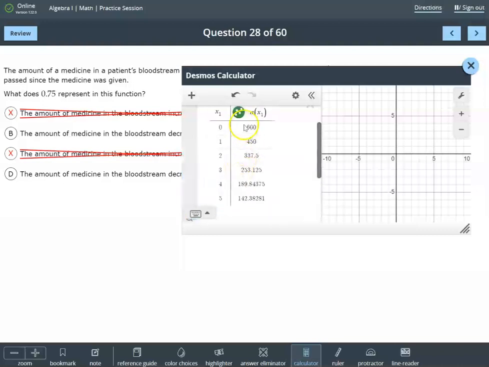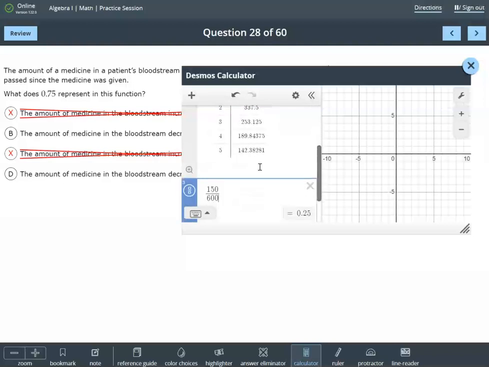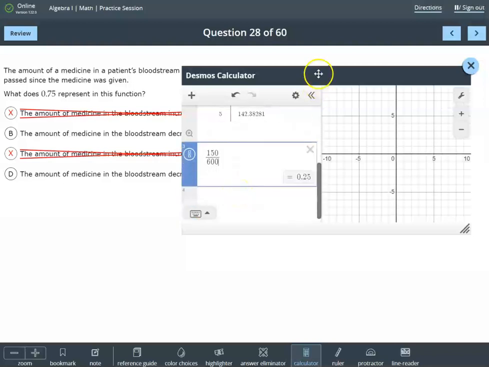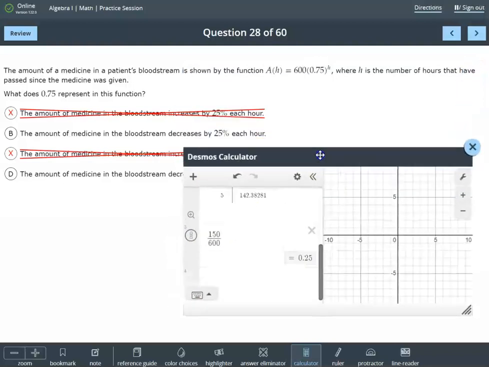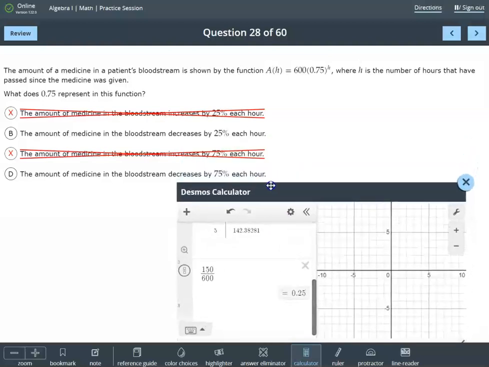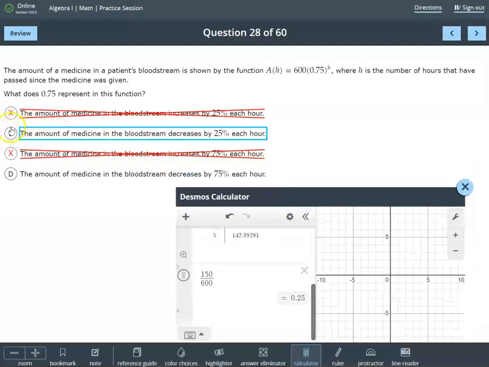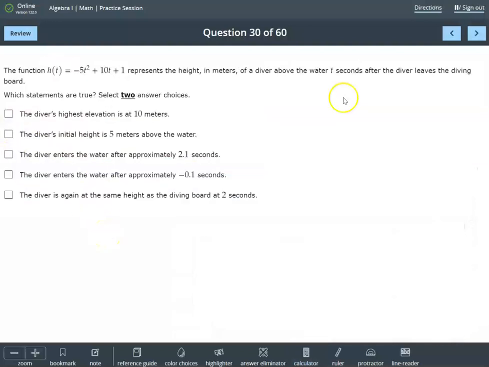Maybe your kids can already tell it's not dropping super fast. It's not 75%. They may not even need to type that. They can just use their number sense to get the answer. But you can always divide the numbers and see. It decreased 150, and that's out of 600, that's only 25%. So we're going to say answer choice B is the only one that works.